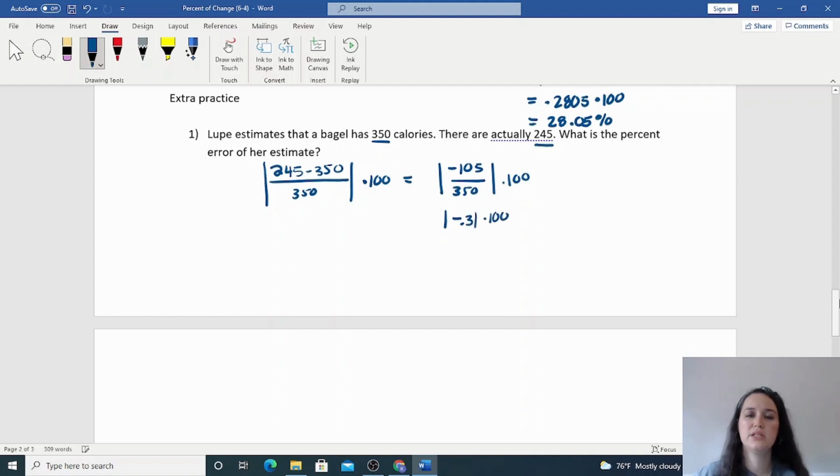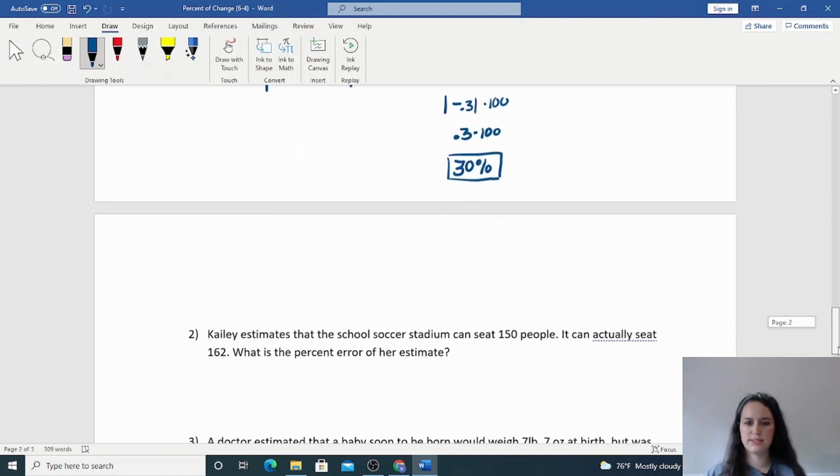Now because it's a negative, that's actually just positive 0.3. Once you've made it positive, take the bars away. They've done their job. It is an operation. So then we have that times 100. So you get 30%. Okay, that was her error. Percent error, 30%.